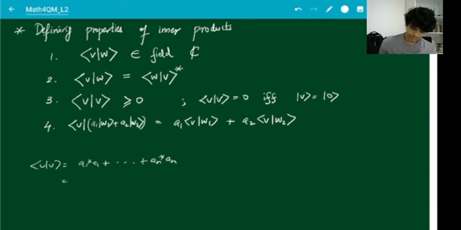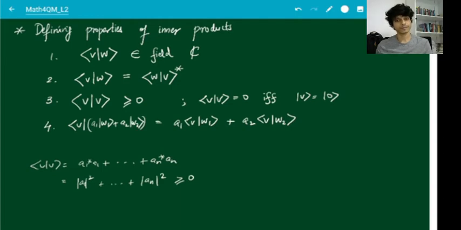A1 star A1 is just mod A1 squared, up to mod An squared. And yes, all of these are individually non-negative numbers, and therefore this entire thing is also a non-negative number. All of these are 0 or positive. So when you add them up, you still get a number that is 0 or positive.